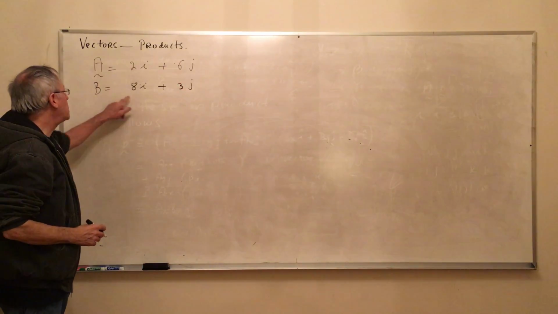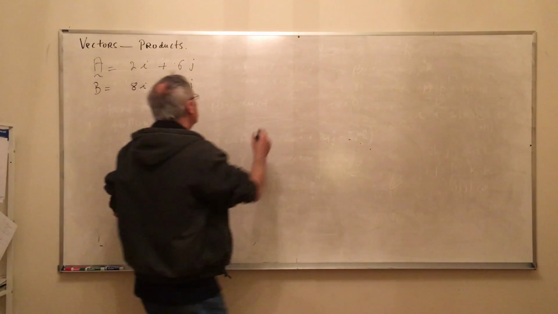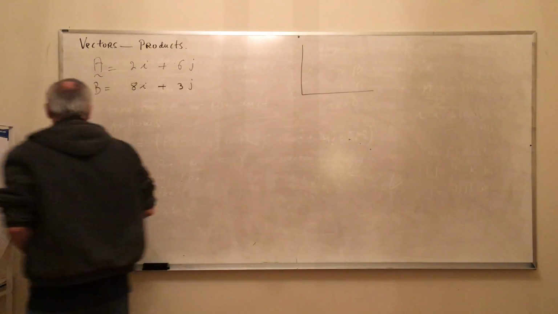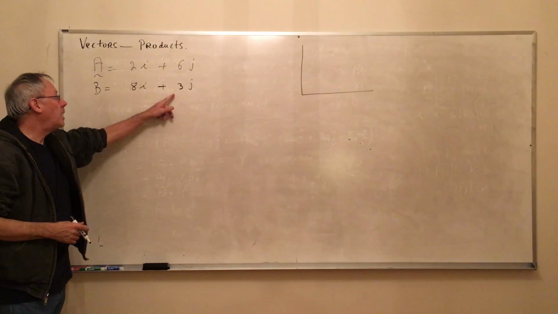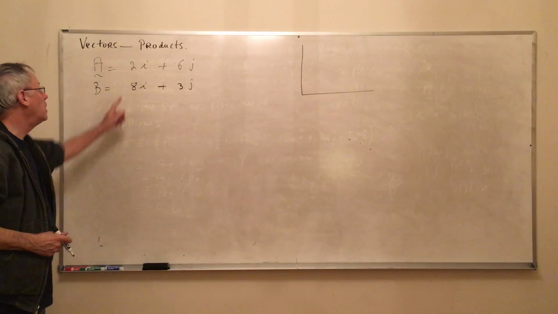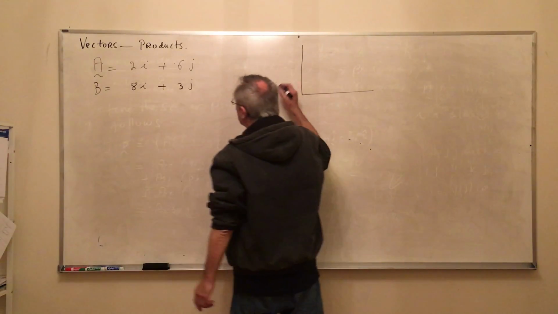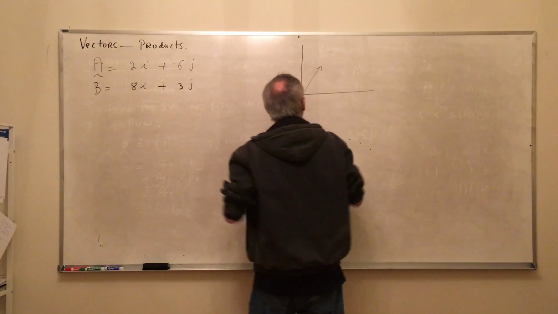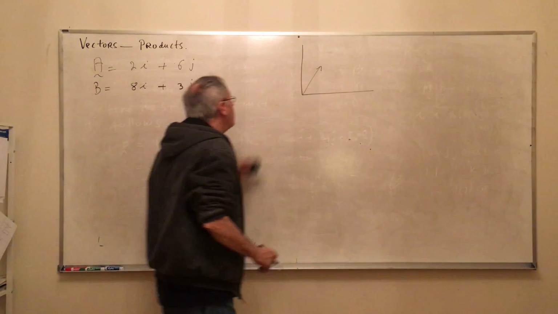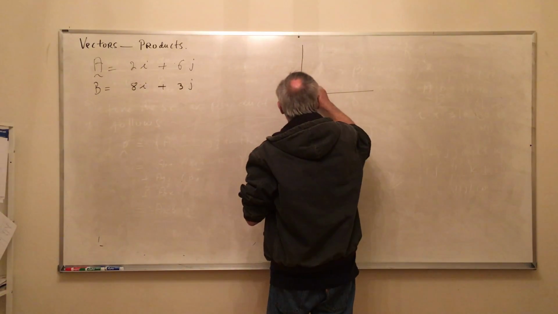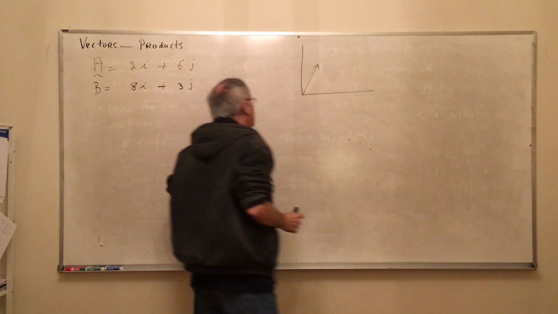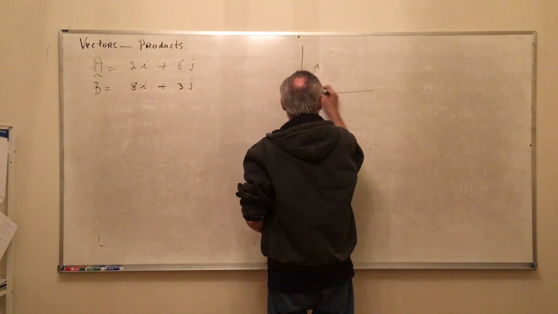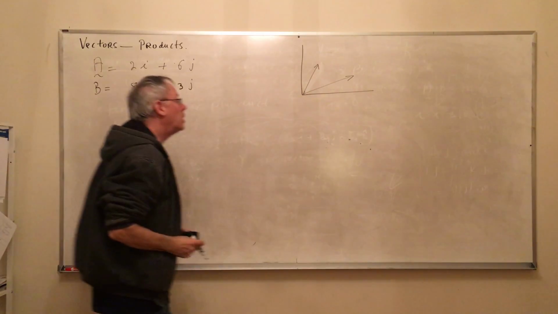A equals 2i plus 6j, b equals 8i plus 3j. They're all in the first quadrant; I could have thrown in negative signs and mixed them up, I just want to keep it simple for now. So 2, 6 is going to be a vector that ends on the point 2, 6. It's going to look kind of like that. And this one is going to be 8, 3. So that's going to look kind of like that.